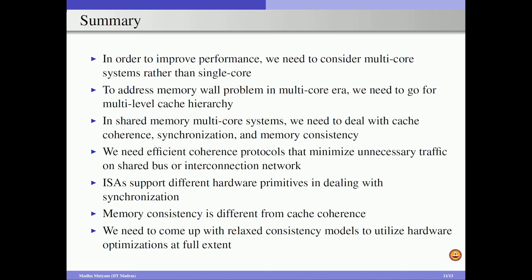As part of memory consistency, we discussed sequential consistency, total store order consistency, and relaxed memory consistency models. Among these three consistency models, the relaxed consistency model makes use of the hardware components available in the processor to improve the overall performance. And so that is the summary of this multi-core architecture module.